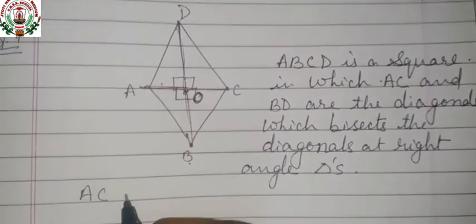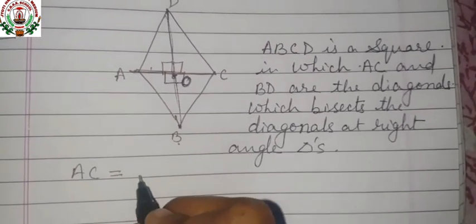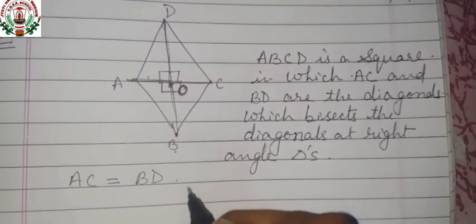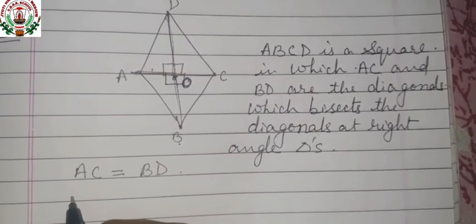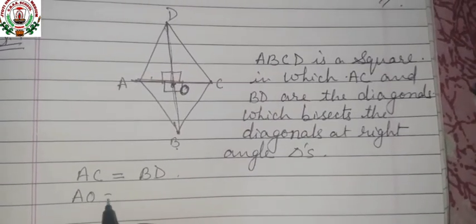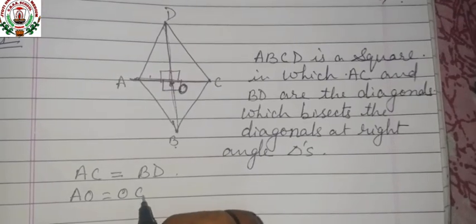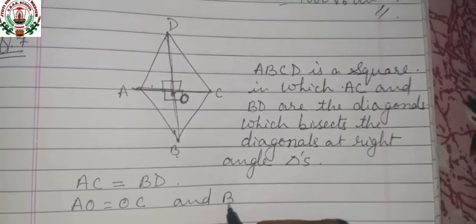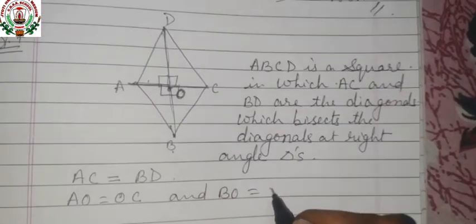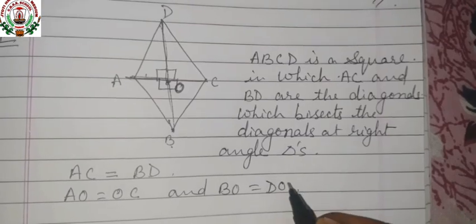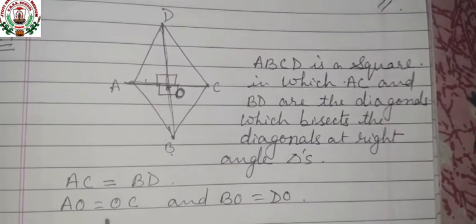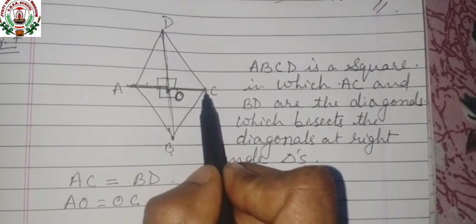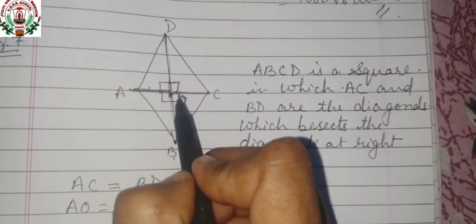According to the question, because the diagonals of a square are equal, AC equals to BD, and as the diagonals bisect each other, AO equals to OC and BO equals to DO. Understood this? This portion will be equal, and this is 90 degree.